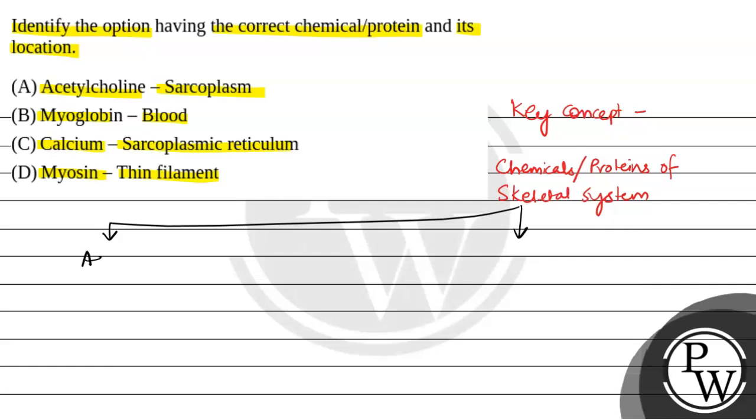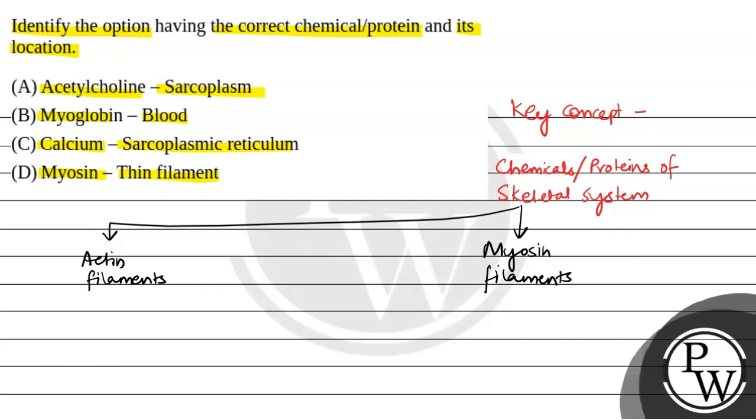First is the actin filaments and second is the myosin filaments. These filaments together form the myofibril and they help in the contraction of the muscle.